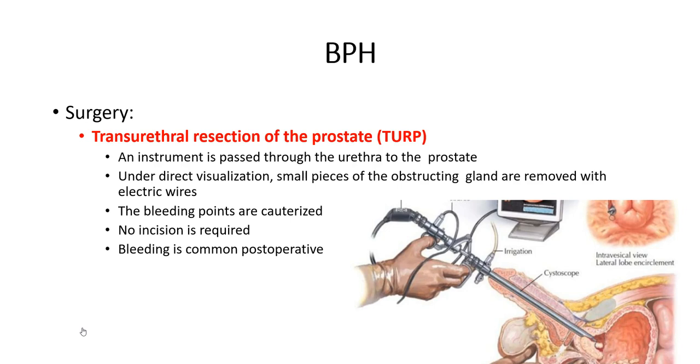It may also irrigate while it's chipping, to remove those chips. It irrigates it and it sucks it back out to remove those chips. It's not completely removed, and it can grow back.